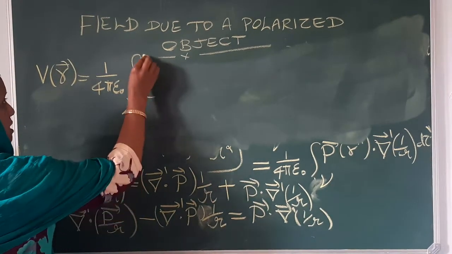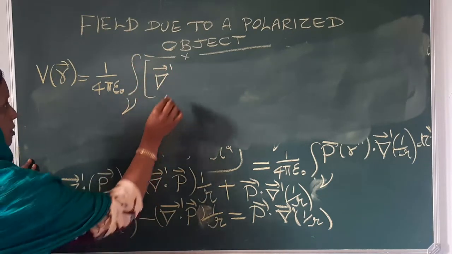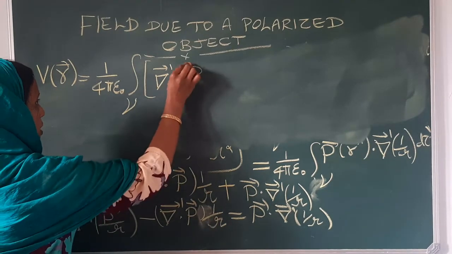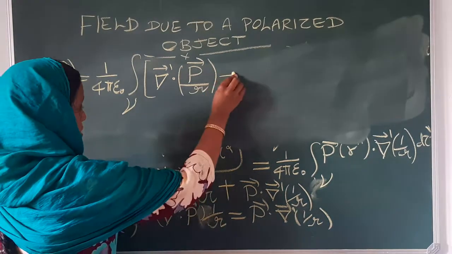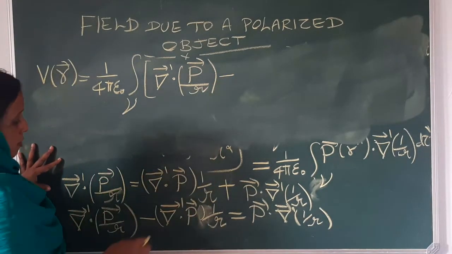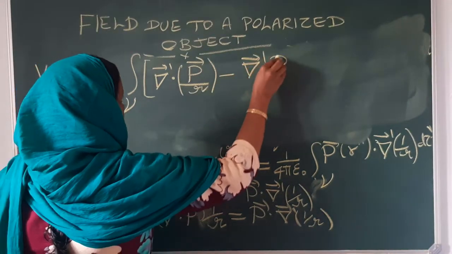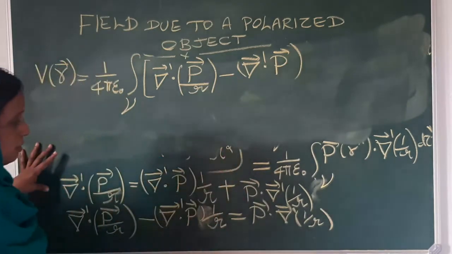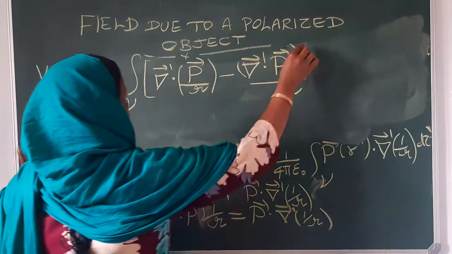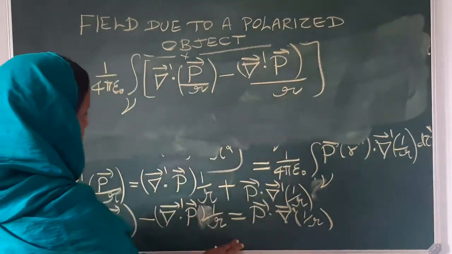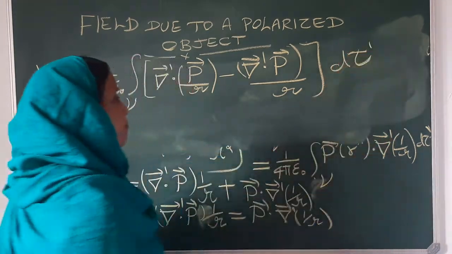So you can write here gradient over primed system dot polarization by separation vector minus divergence of polarization vector by separation vector R, d tau prime.